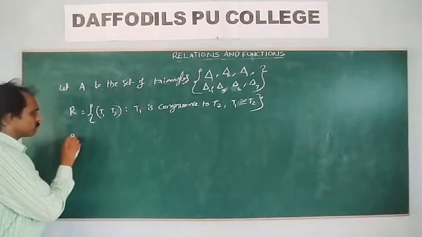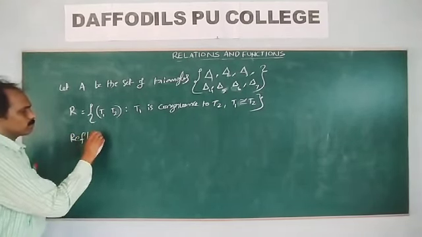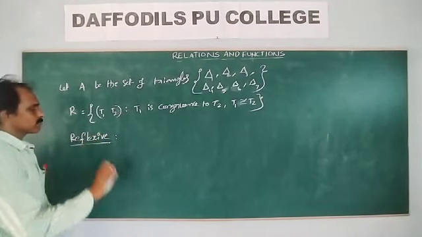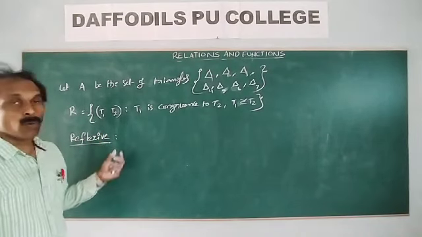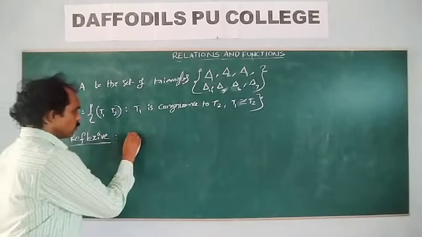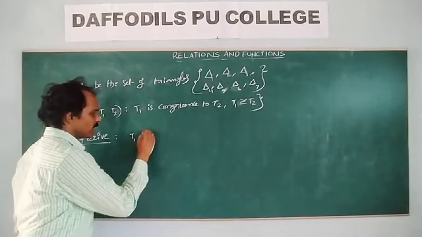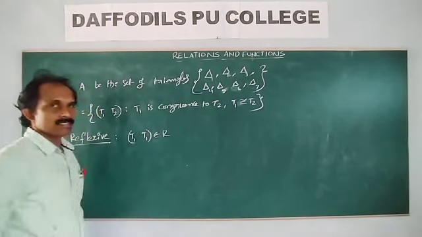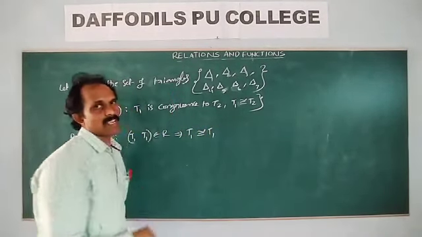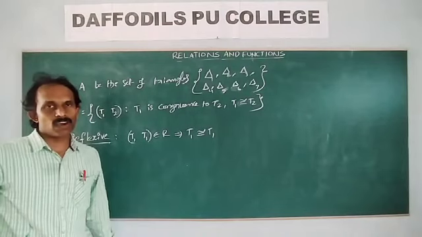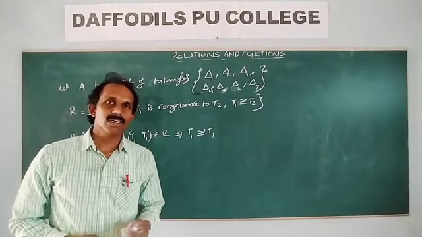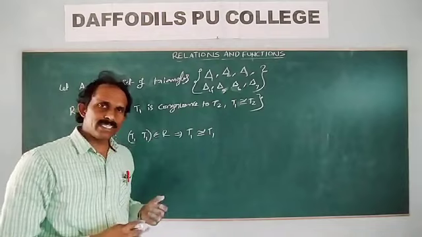First of all, check reflexive relation. What is reflexive? (a, a). So (T1, T1) belongs to R, meaning T1 is congruent to T1 itself. Every triangle is congruent to itself. Congruence means each and every part, angles and sides.